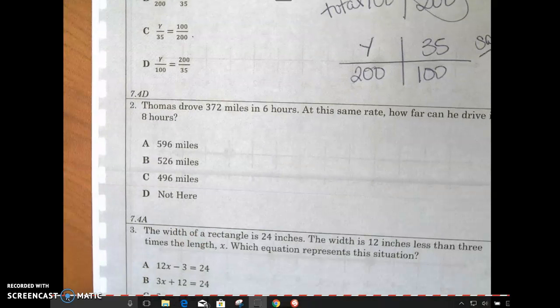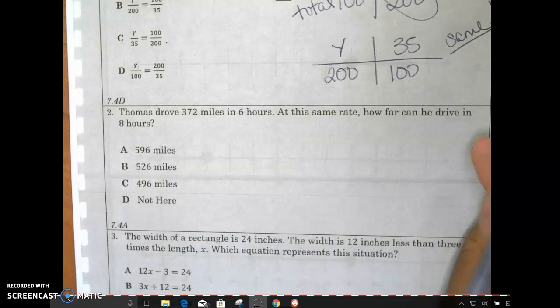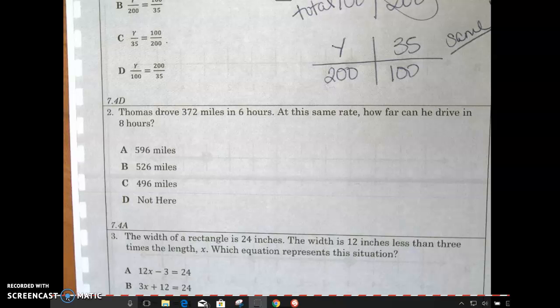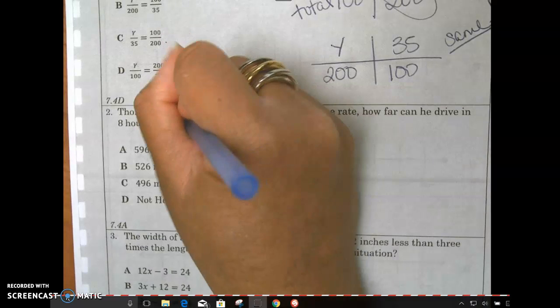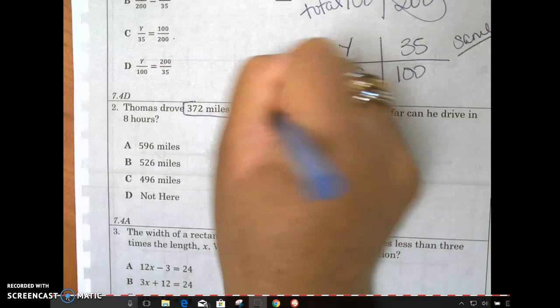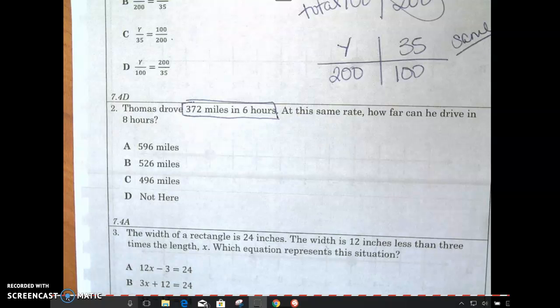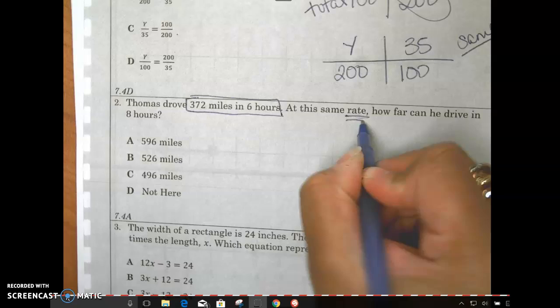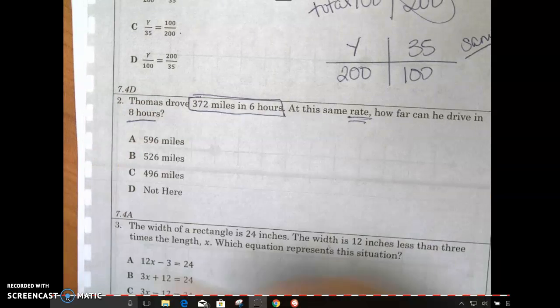Okay. Thomas drove 372 miles in 6 hours. What have they given me? What do we call that? Distance. The total. 372 miles in 6 hours. That's the total ratio of how much. Yes, it's a ratio or rate. At this same rate, how far can he drive in 8 hours?